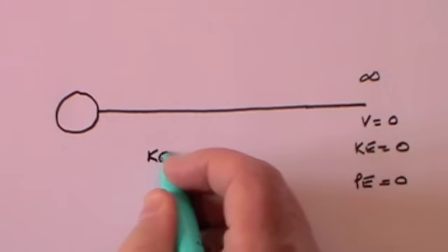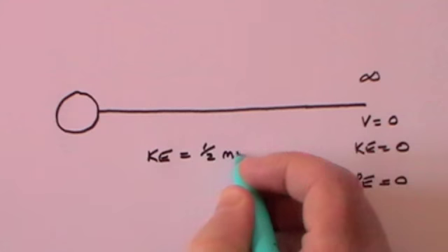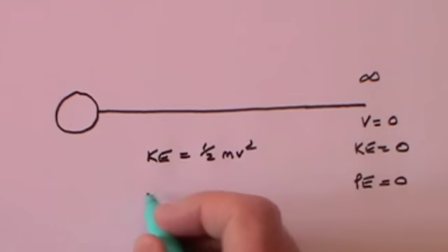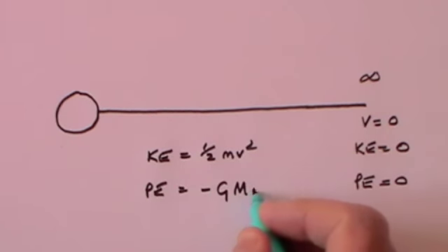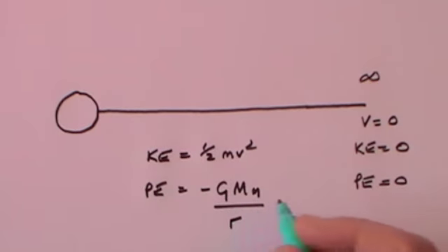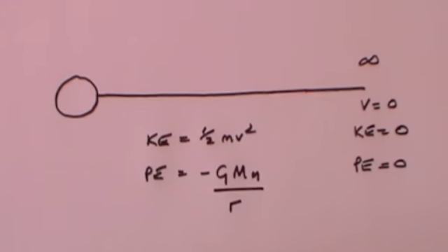So kinetic energy at any point is a half mv squared. Potential energy at any point is minus GMm over r. And we'll go from minus whatever the value is up to 0 when it gets to an infinite distance away.